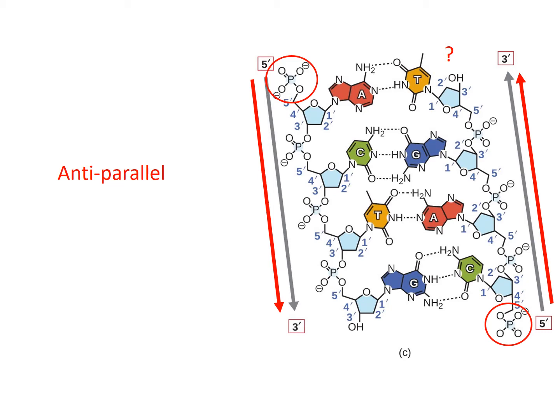So DNA, because of its double-stranded nature, is described as antiparallel because of this phosphate end and this OH end. And this becomes relevant in our conversation about how the cellular machinery replicates DNA, which we'll talk about in a future slide.